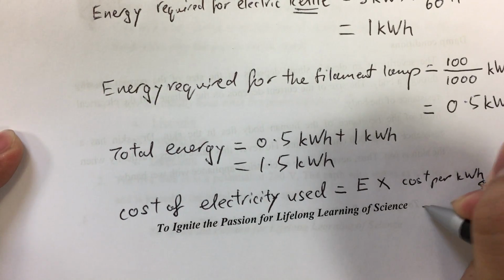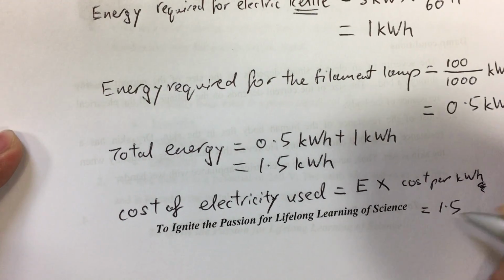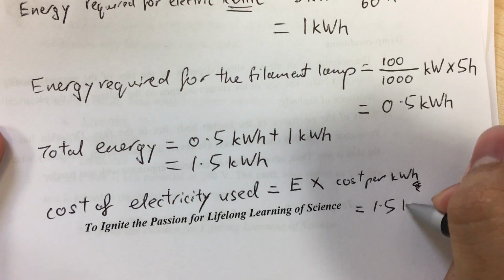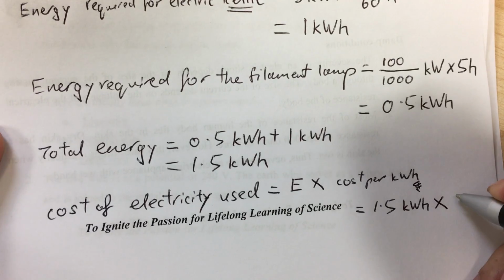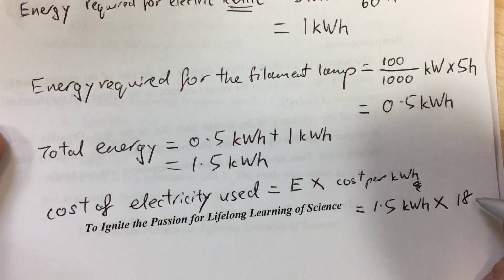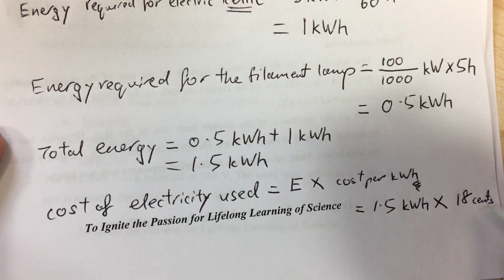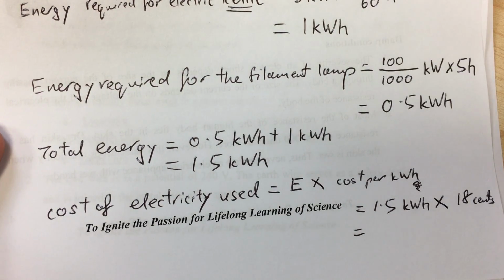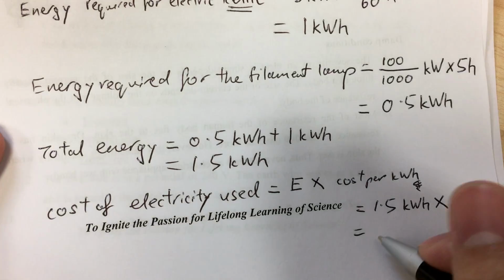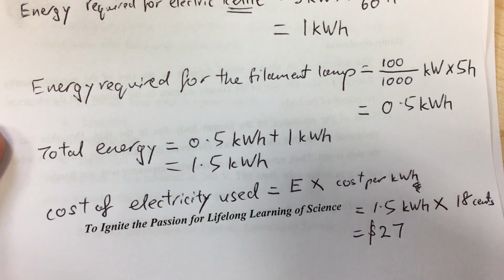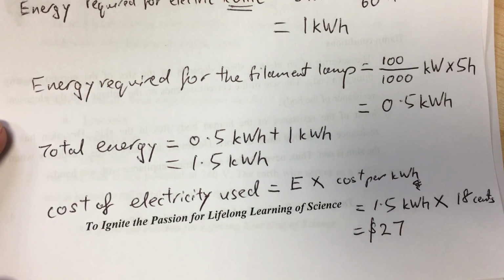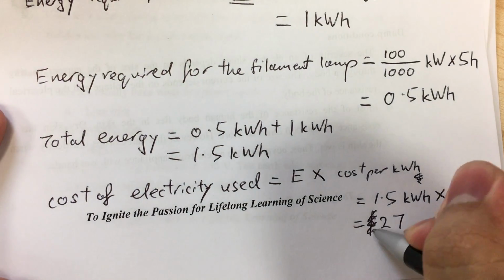So that would mean 1.5 kilowatt hour, the total energy that is used, multiplied by 18 cents. This will give us a total cost of, sorry, 27 cents.